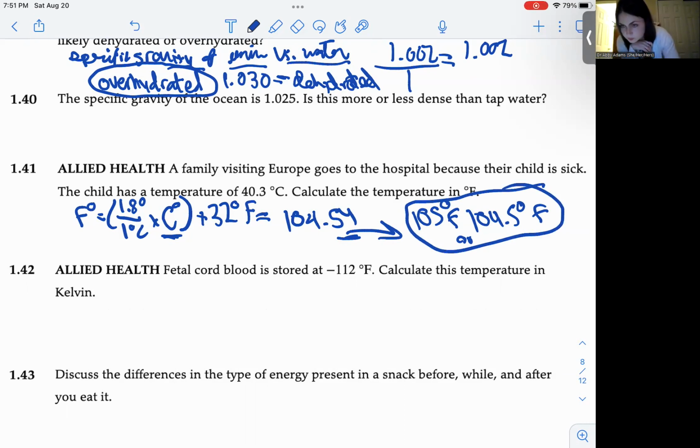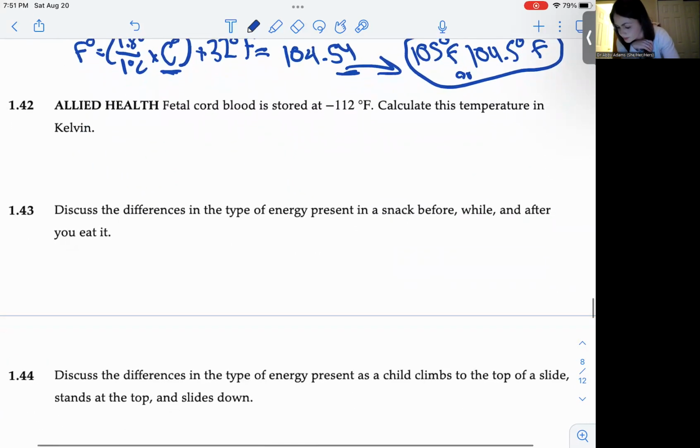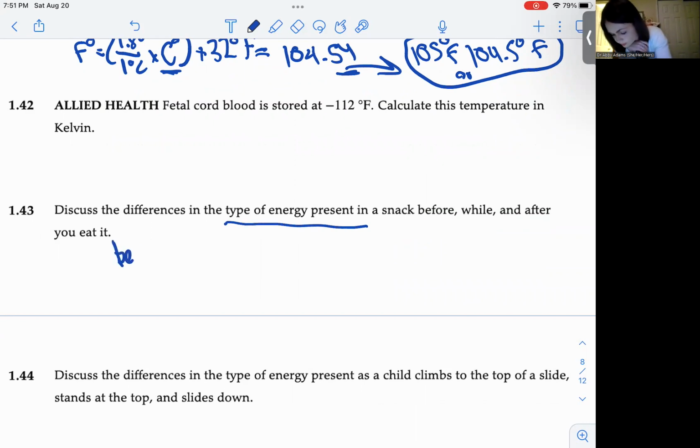All right, so 1.43. Discuss the different type of energy present in a snack before, while, and after you eat it. So we're talking about a transfer of energy here, okay? So before eating, and I mentioned a burger in the example, that is potential energy.